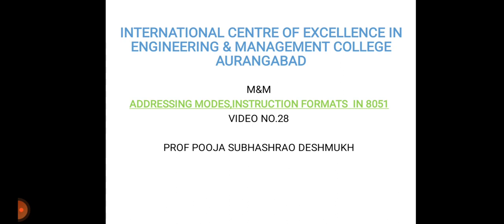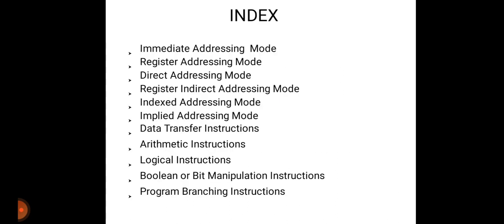So today we are going to discuss the addressing modes in the 8051 microcontroller. There are six addressing modes: immediate addressing mode, register addressing mode, direct addressing mode, register indirect addressing mode, indexed addressing mode and implied addressing mode.